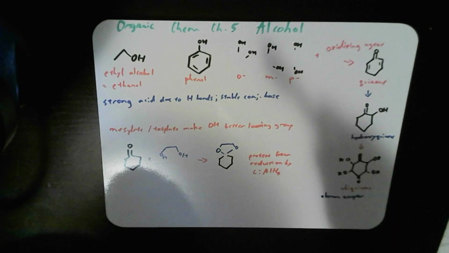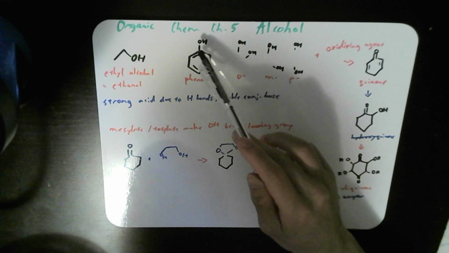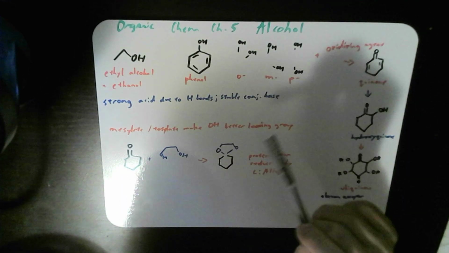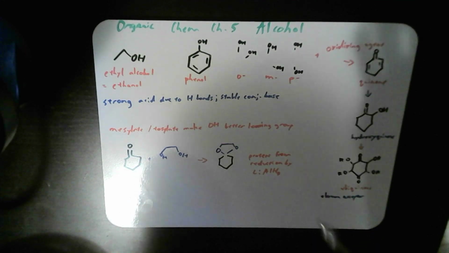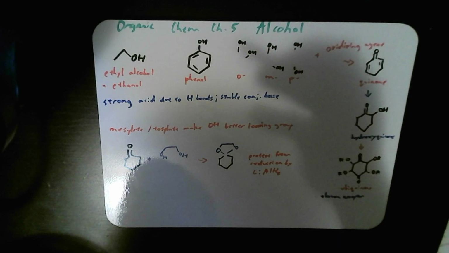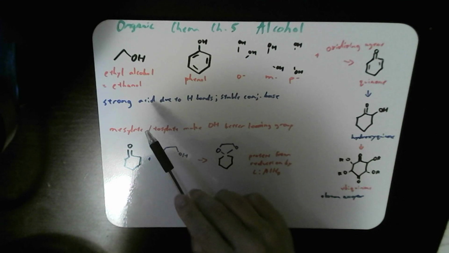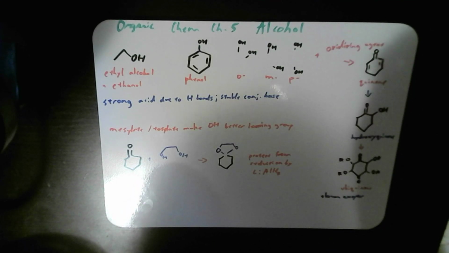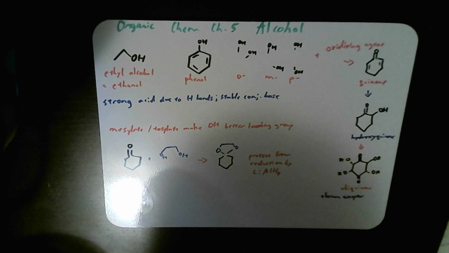And as a result, the stabilized conjugate base, when you lose this hydrogen, the electrons are delocalized all around, and it basically allows the base to be more stable, hence the acid is stronger. Now, if you think vice versa, if your acid is weaker, then your base is stronger. So you have a strong base. NaOH, for instance, is a strong base, so its conjugate acid is weak.